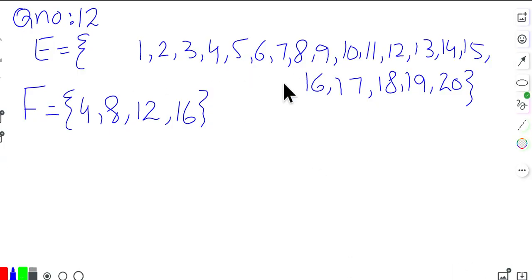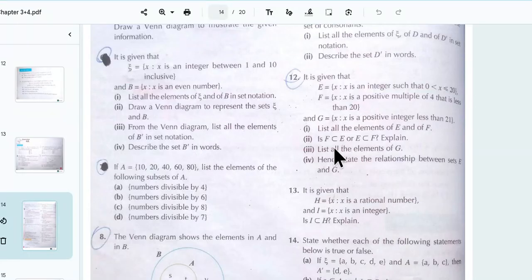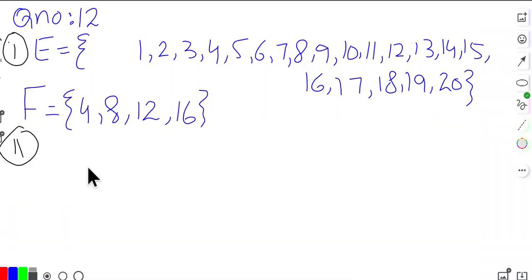So this is set E, and part 1 which is multiples of 4 less than 20, set F. What is the second part? According to the statement, is F a subset of E or E a subset of F? Let me check. First of all, the elements of set F are 4, 8, 12 and 16.